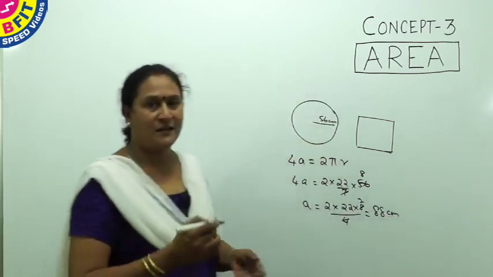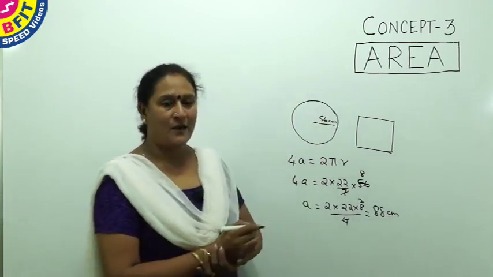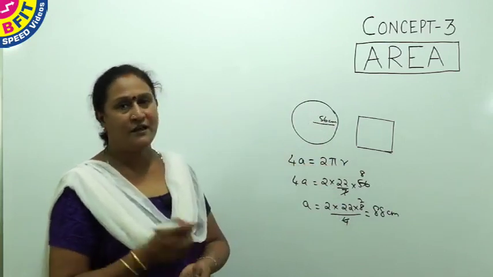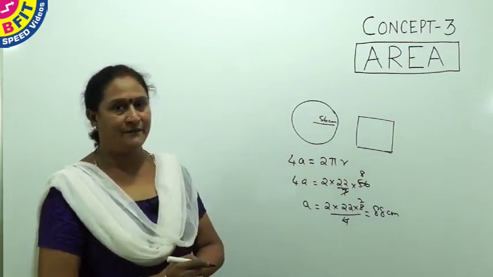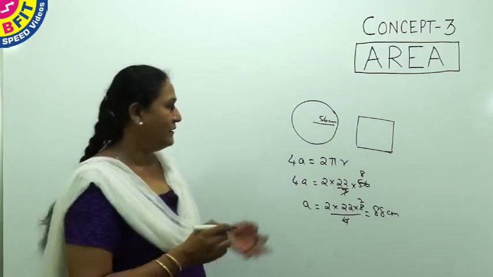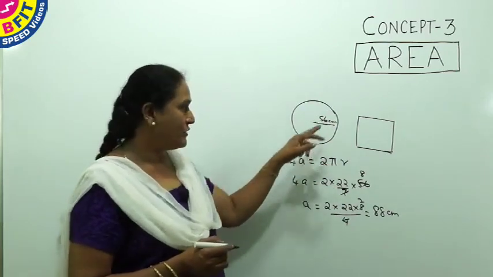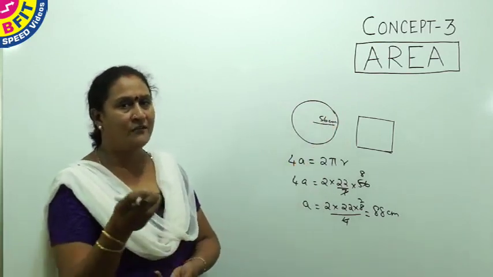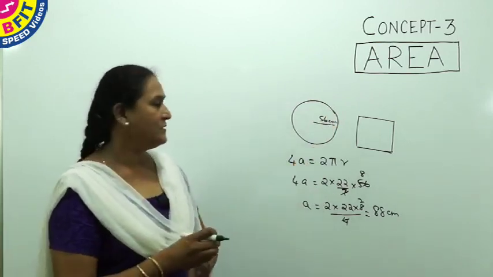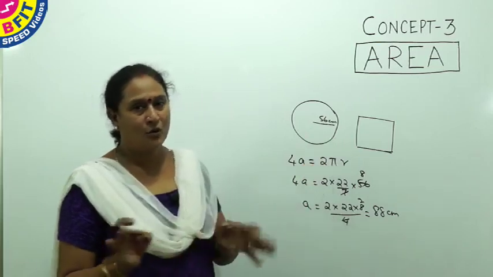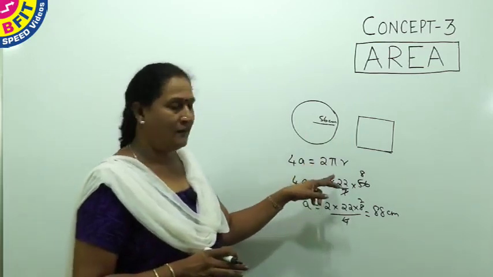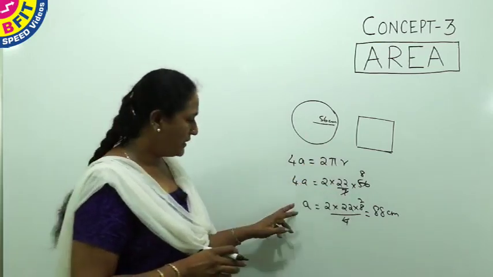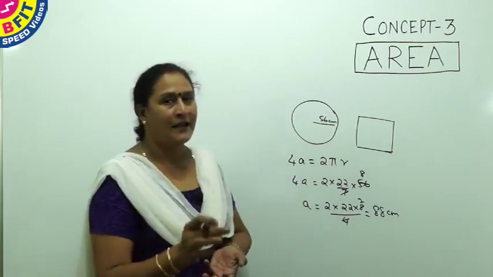So 88 centimeter is the side of the square and the required answer is option D, 88 centimeter. In this question, the length of the wire which was bent to form a circle is made to form a square. So the clue we get is that the circumference and the perimeter are both the same. So equating that and finding the circumference, we can find the side of the square, 88 centimeter.